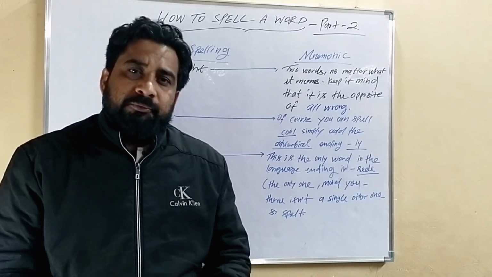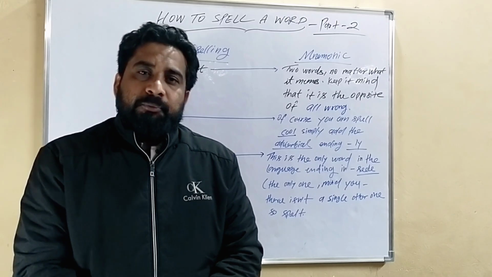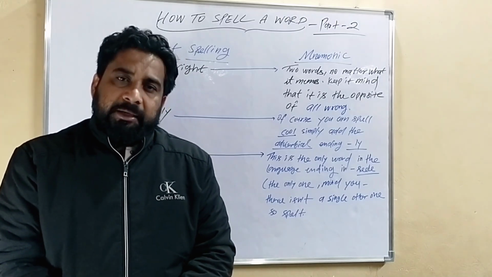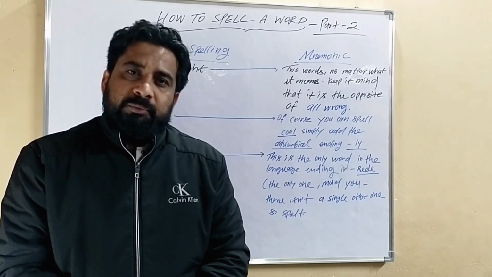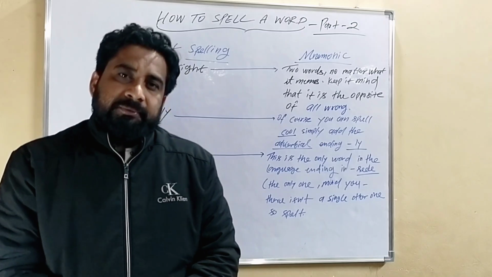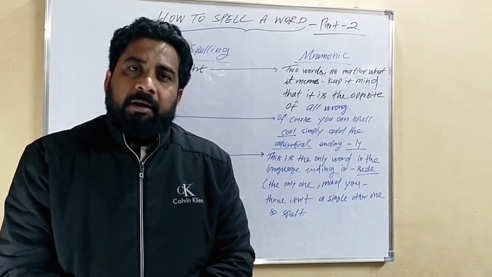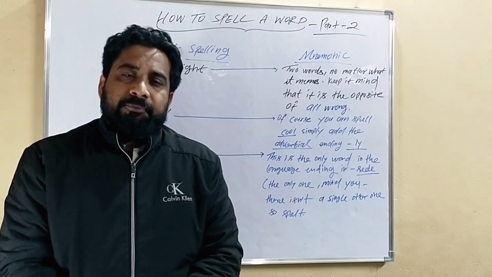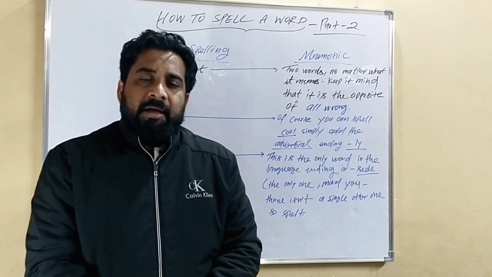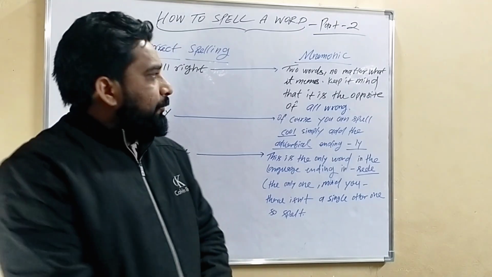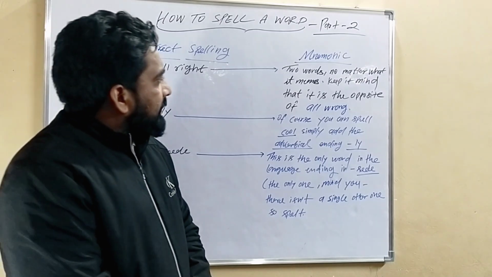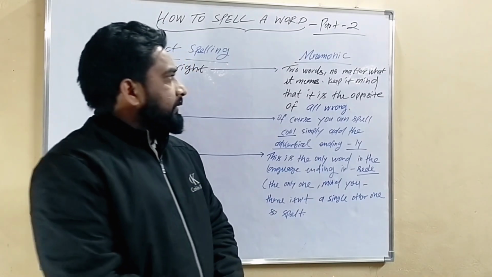But how can we improve our spelling? Number one, there is a need for practice. Number two, there is a need for awareness about new words, or words which we have not seen yet. Number three, there is a word called mnemonic.